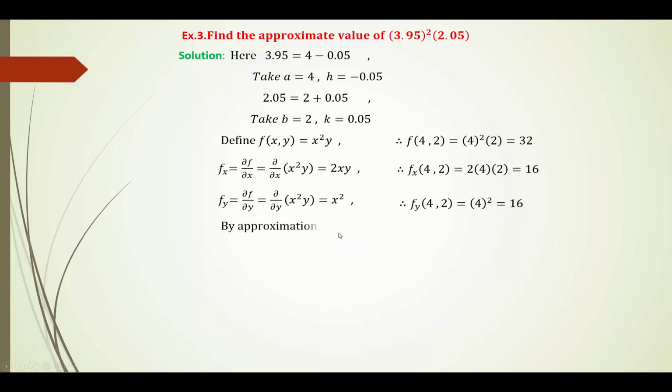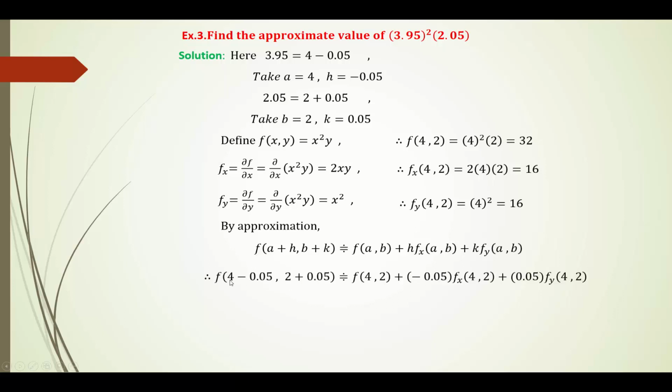Use the formula of approximation. f of (a plus h, b plus k) is approximately equal to f of (a, b) plus h into fx(a, b) plus k into fy(a, b). Put the value of a, b, h, k here. A is 4, h is minus 0.05, b is 2 and k is 0.05.